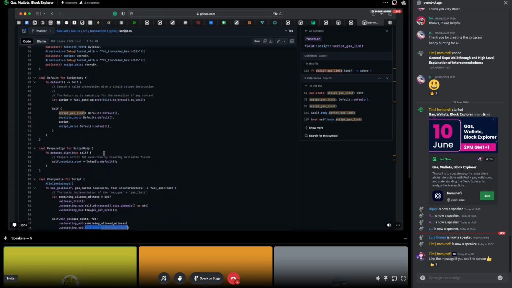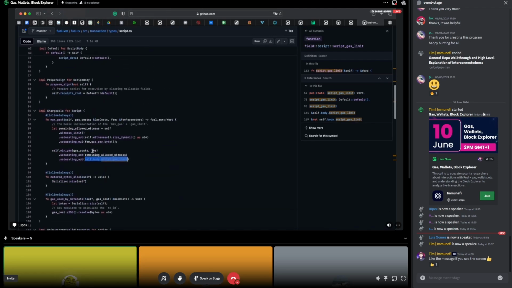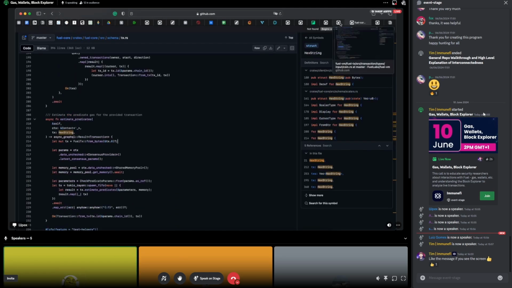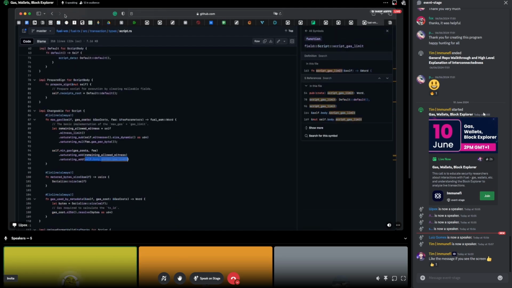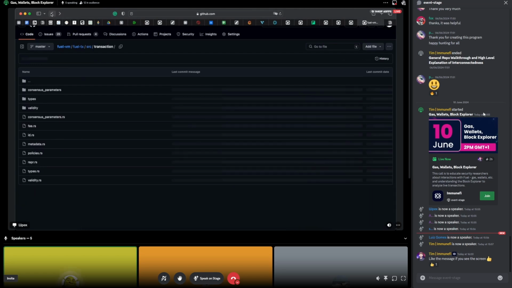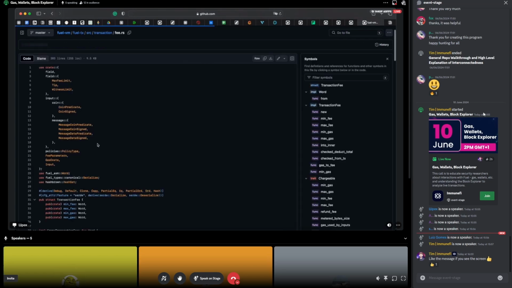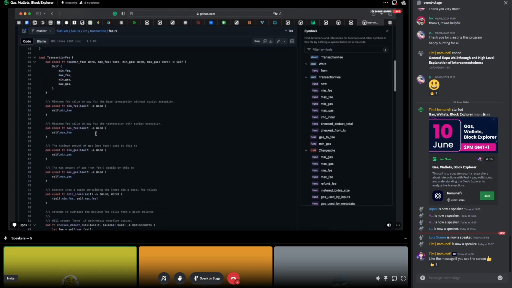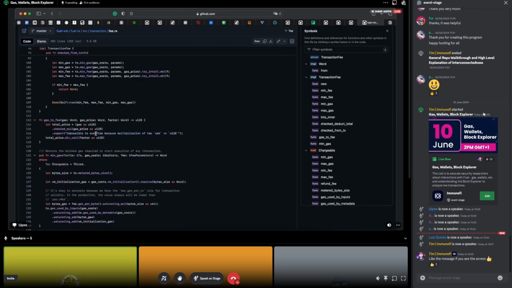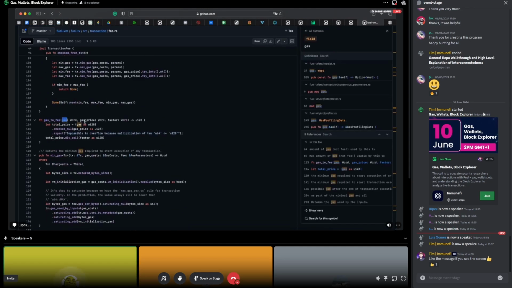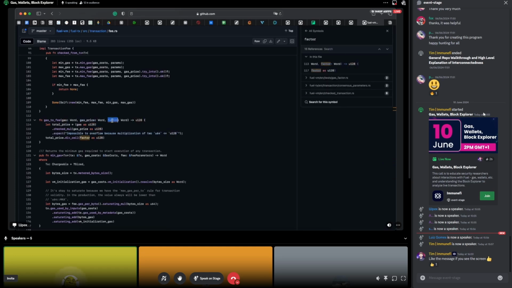And that's the basic difference between max gas and min gas. And the fee is defined pretty simply: gas multiplied by gas price. You can find the gas to fee function here that accepts gas price and gas price factor. The gas price factor is something that makes your transaction cheaper.